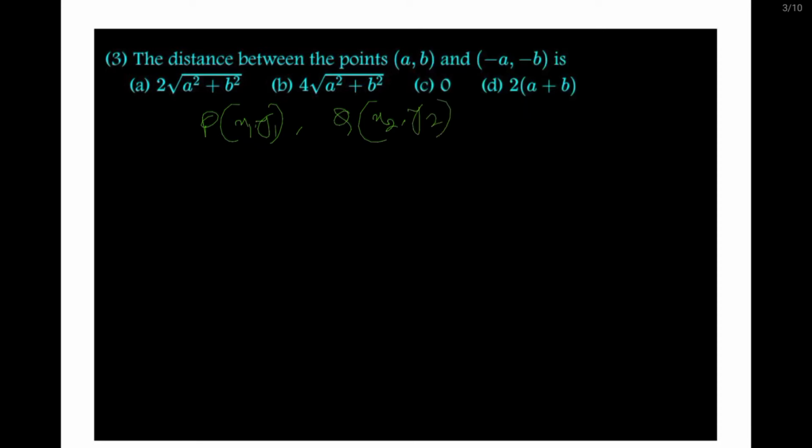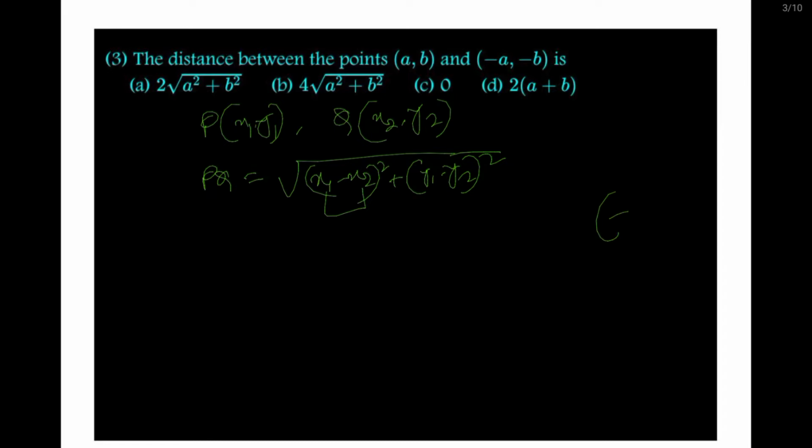Then PQ is equal to the square root of (x1 minus x2) whole square plus (y1 minus y2) whole square. Sometimes you can see x2 minus x1 and y2 minus y1, but when we square this quantity, you get the same thing, because reversing the order only gives a negative quantity, and the square of a negative quantity again becomes positive, so it doesn't matter at all.